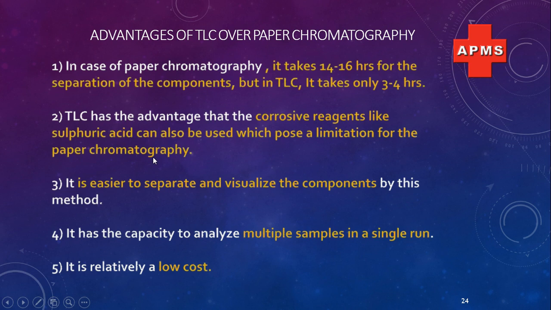So the stationary phase damage may occur when we use strong acids, because these are corrosive in nature. So this is the advantage of TLC over paper chromatography. It is easier to separate and visualize the components by this method. We can say that the resolution we get in TLC is very good compared to paper chromatography. It has the capacity to analyze multiple samples in a single run.